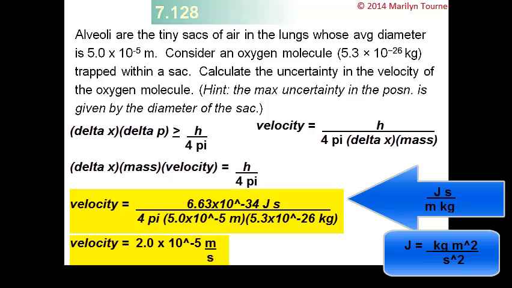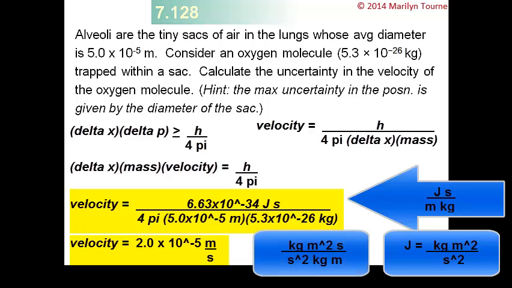So if I put all that together, it ends up being kilogram times meter squared times second divided by second squared times kilogram times meter. And you can see that the kilograms cancel out, one of the seconds cancels out, and one of the meters cancels out. So you end up with meters per second.